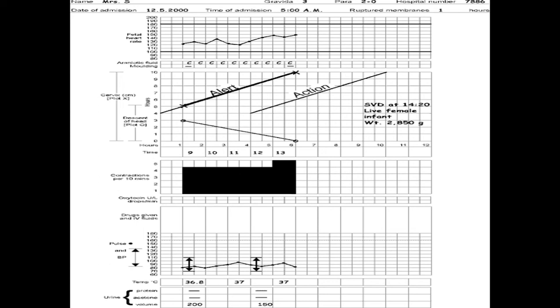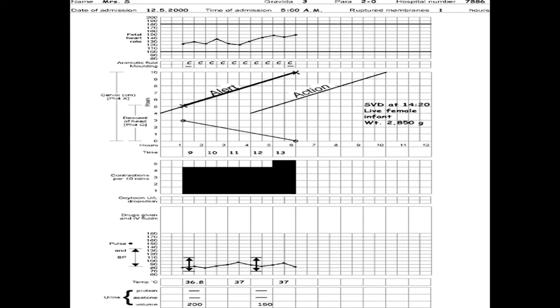And this indicates the Friedman curve, as we know that the cervix is dilated according to the Friedman curve. In the first half of the 16-hour first stage, the dilatation is slow, and it goes from 0 to about 3 centimeters dilatation in 8 hours.